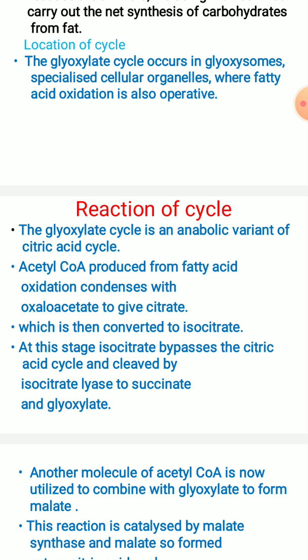At this stage, isocitrate is going to bypass the citric acid cycle, and further it is cleaved by isocitrate lyase to form succinate and glyoxylate.